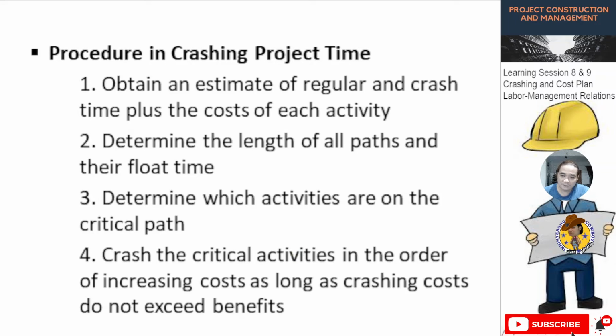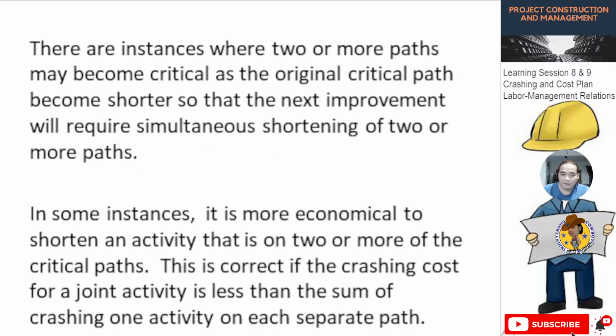I will repeat this one. Crash the critical activities in the order of increasing cost as long as crashing costs do not exceed benefits. There are instances where two or more paths may become critical as the original critical path becomes shorter, so that the next improvement will require simultaneous shortening of two or more paths.